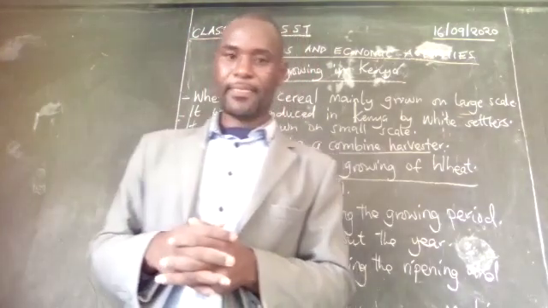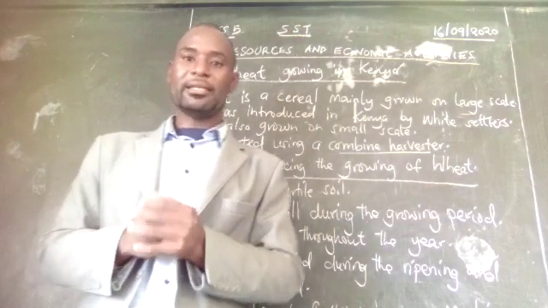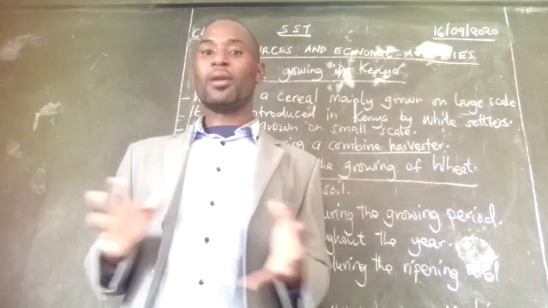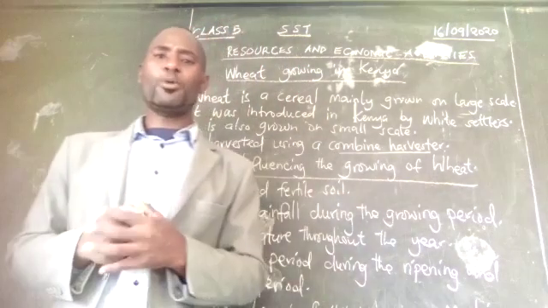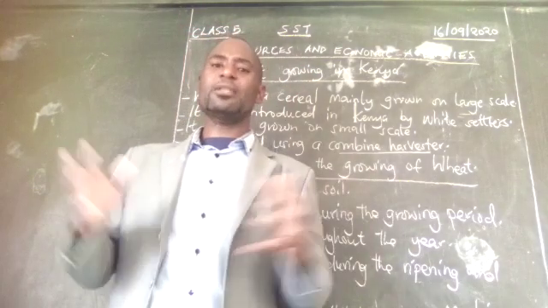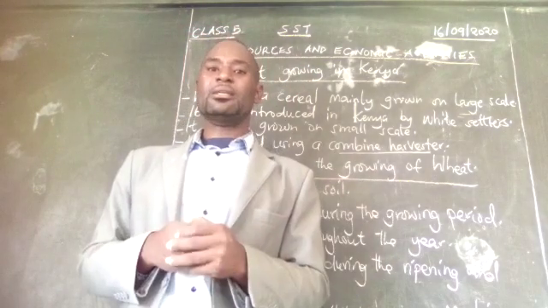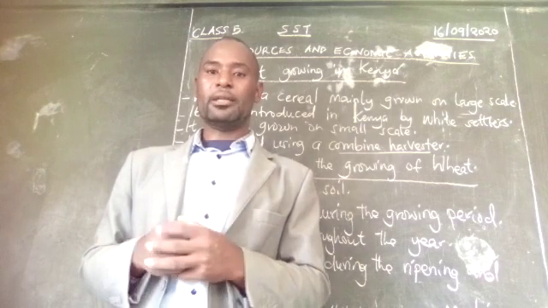Now, wheat is a cereal plant that is grown on large scale. This type of cash crop was introduced by the white settlers. Who are these white settlers? These are the Europeans from abroad.